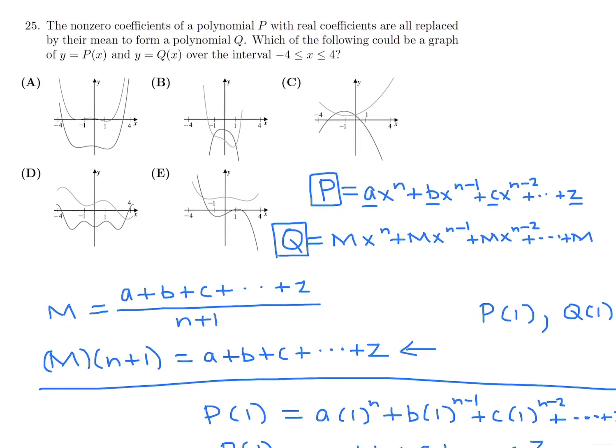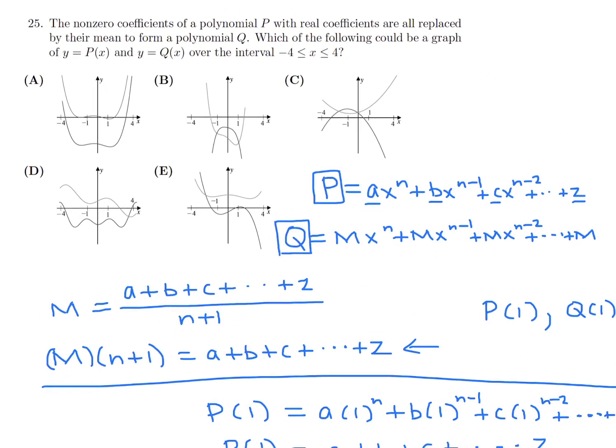So let's take a look. A, when x equals 1, they don't intersect. How about B, when x equals 1? It looks like they do, right there. So let's keep that one. C, when x equals 1, they don't. D, when x equals 1, they don't intersect. And E, when x equals 1, they don't intersect. So by process of elimination, the only one that matches our findings is B for number 25.